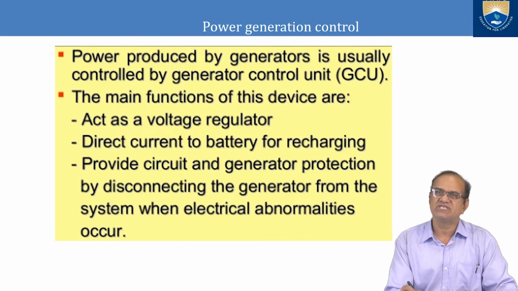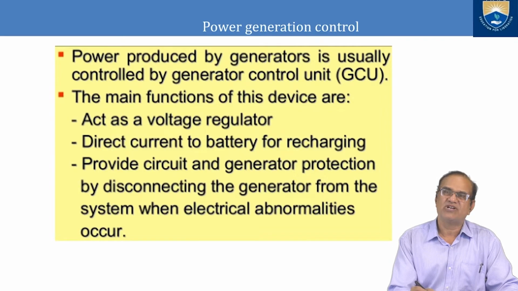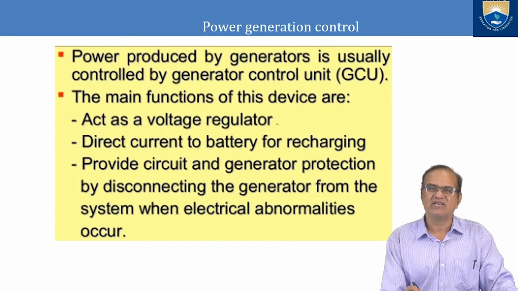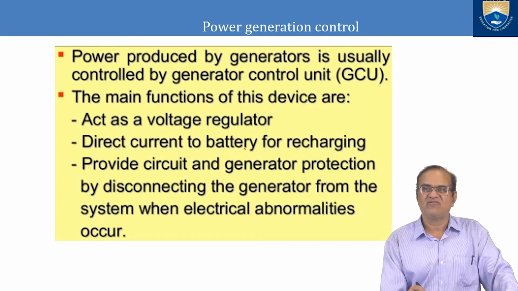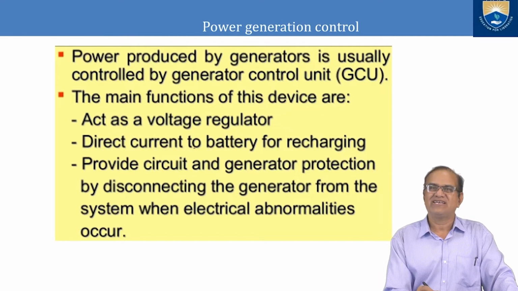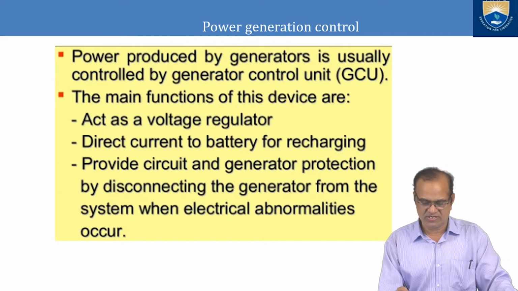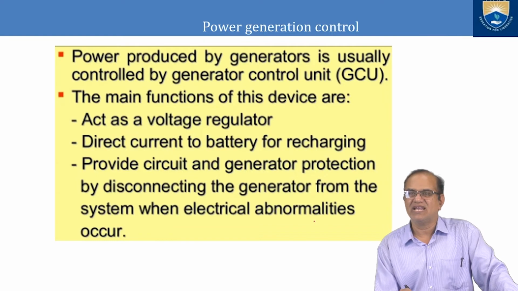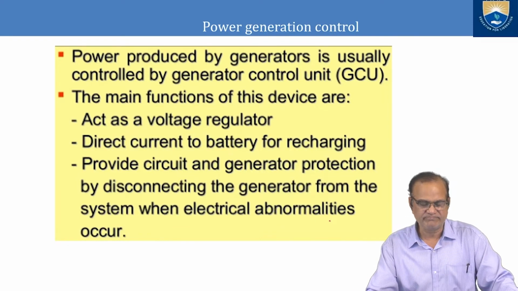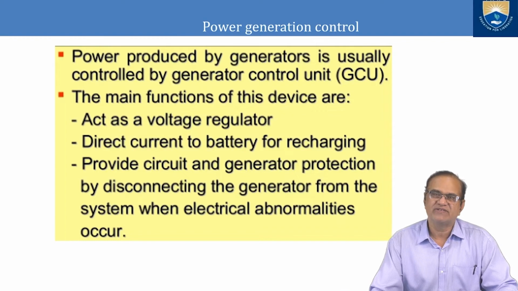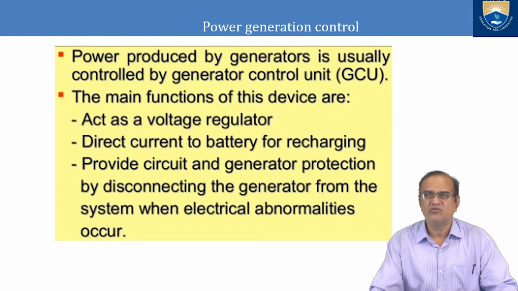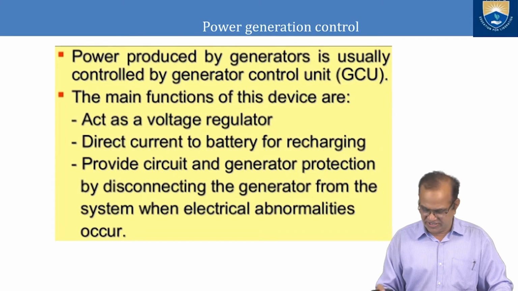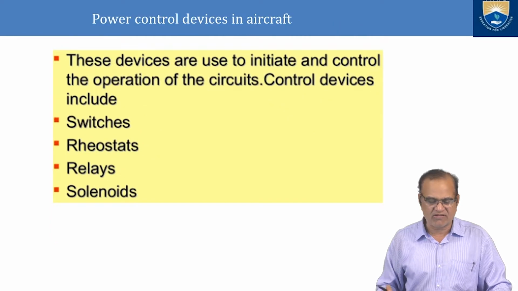The main function of these devices is to act as a voltage regulator, direct current to battery for recharging, and provide circuit and generator protection by disconnecting the generator from the system when electrical abnormalities occur. These are the functions of the control unit.